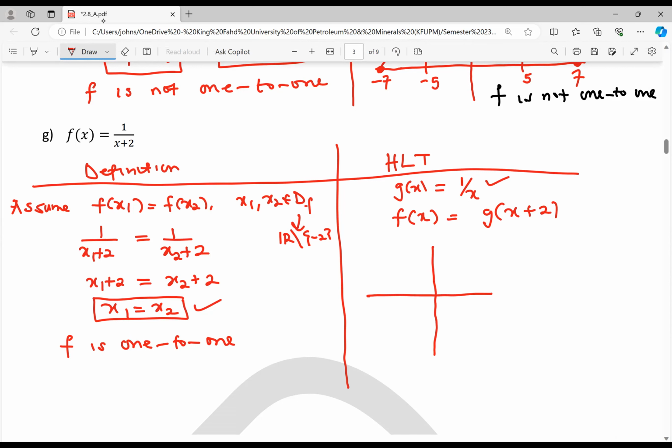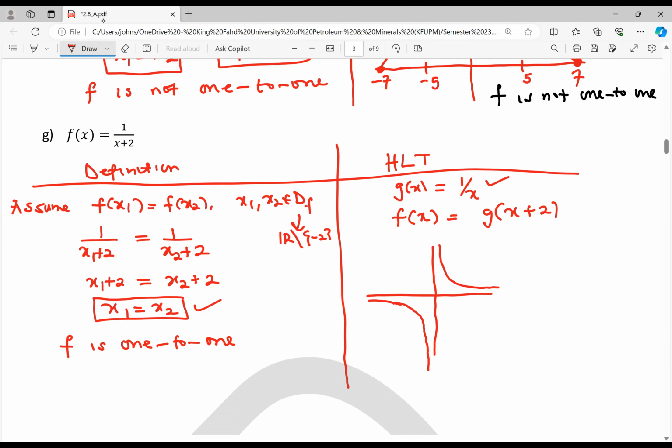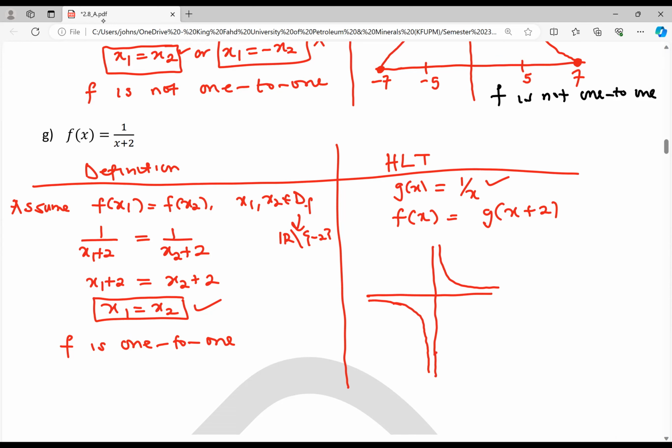So the graph of g is just this one, which is the normal reciprocal graph, 1 over x, which has a vertical asymptote at 0, right? But now you need to shift 2 units to the left. So if you are shifting 2 units to the left, it means our vertical asymptote will shift somewhere here.